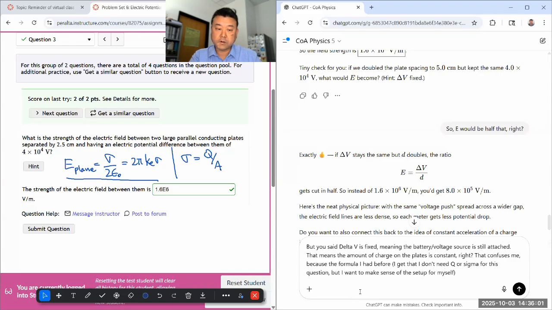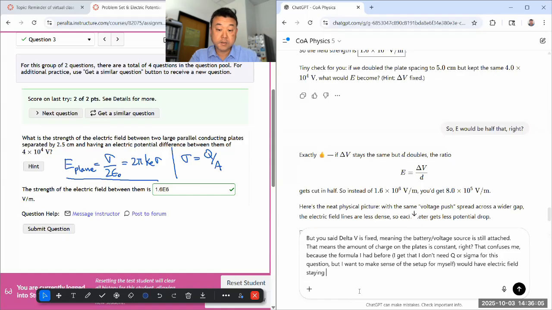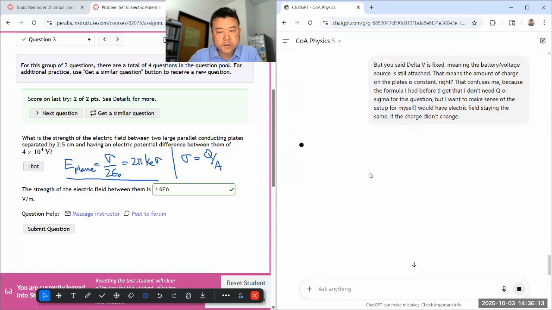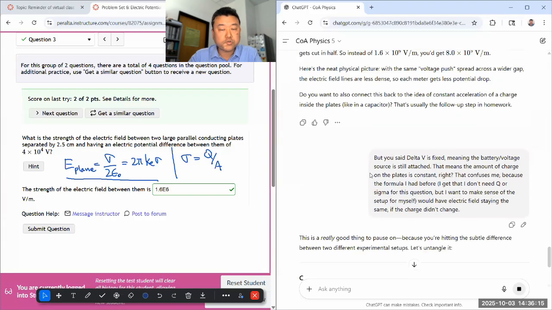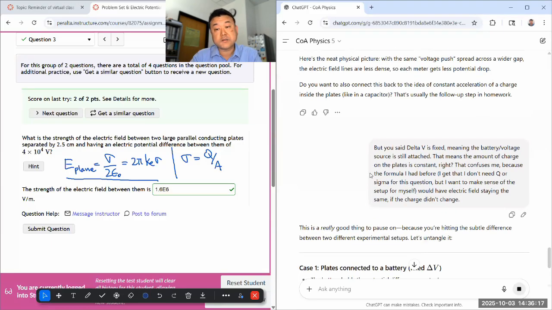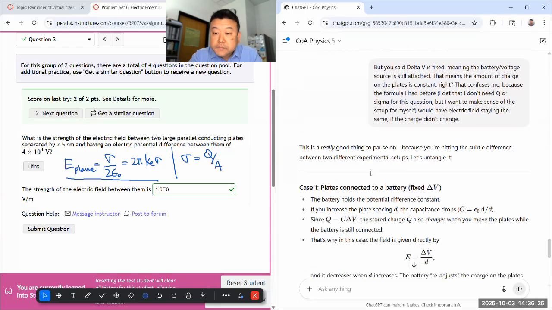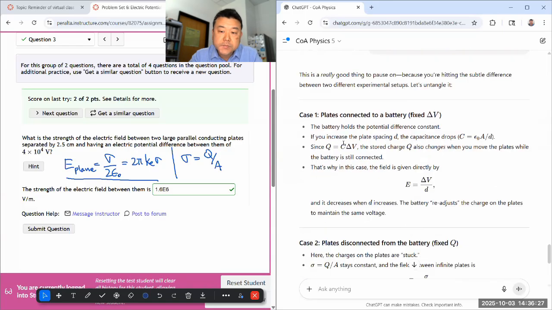The formula I had before would have the electric field staying the same if the charge didn't change. And this is, by the way, the common two different constraints. If delta V is the same, Q actually has to change. Here, if you're pulling them apart, I think a Q actually goes back into the voltage source. Yeah, two different experimental setups.